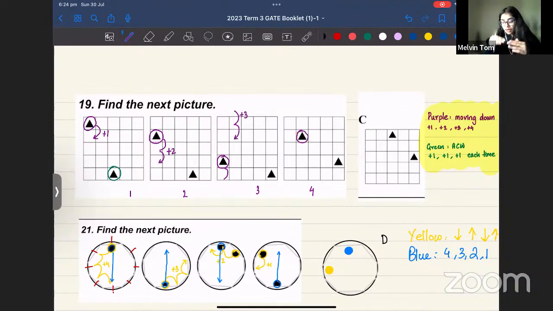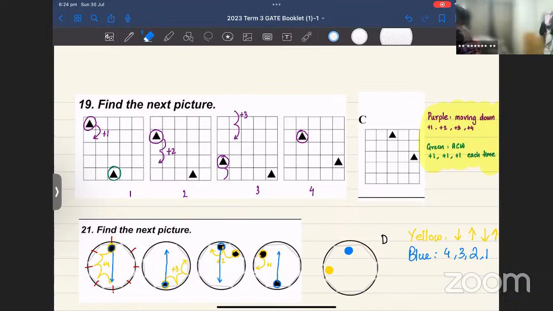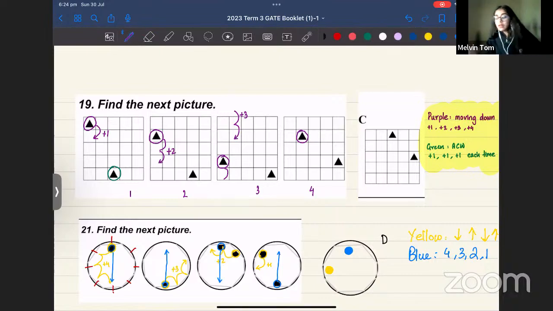So, instead of coming down and instead of coming here, it's moved all the way from the top. It's starting from the top. This is plus 3. Now, from plus 3, it's again moving plus 4. So the purple triangle, we can say it's moving plus 1, plus 2, plus 3.